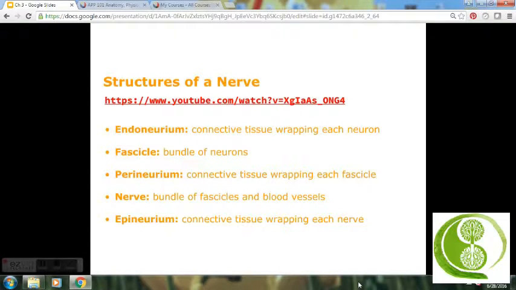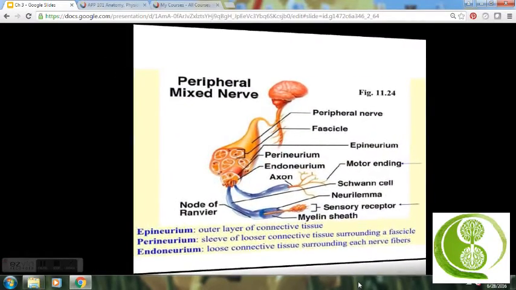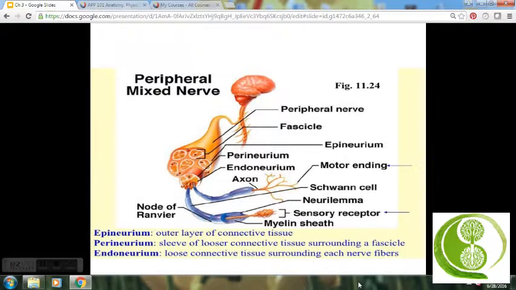So same thing, but now we're just dealing with nerves. So instead of mysium, we replace it with neurium. So again, this is just showing the endoneurium, the perineurium, and the epineurium.